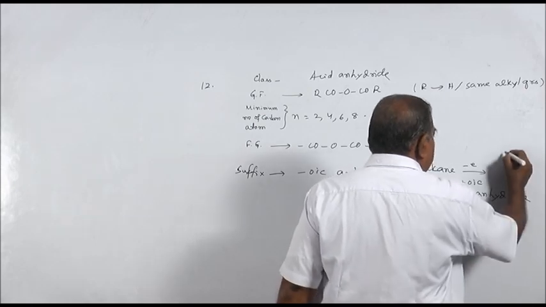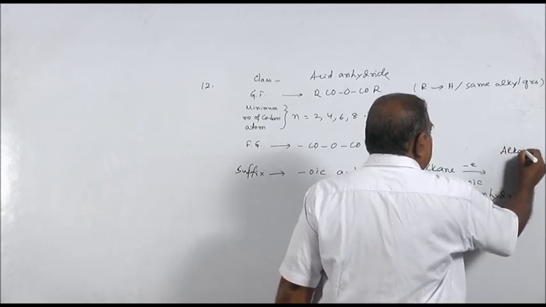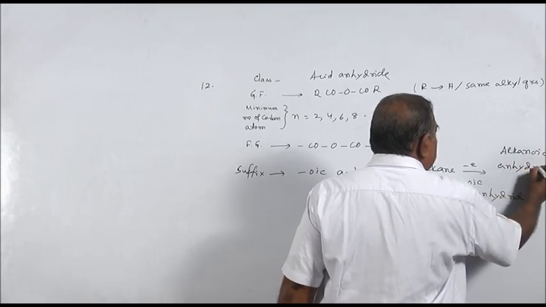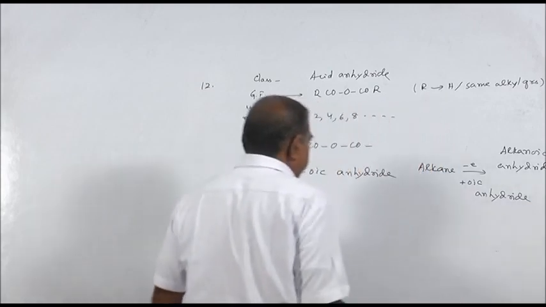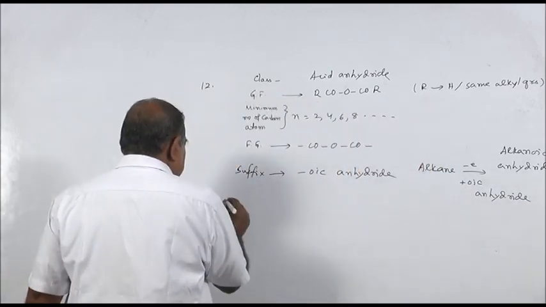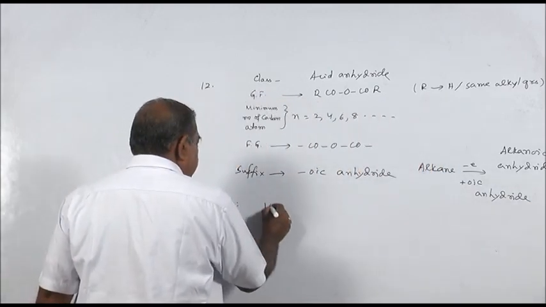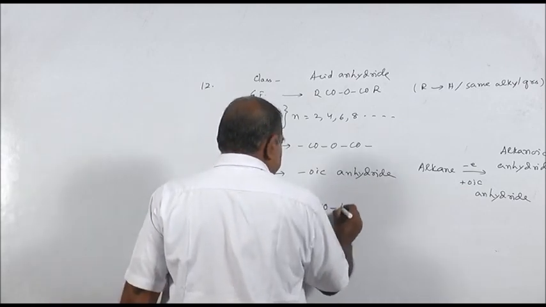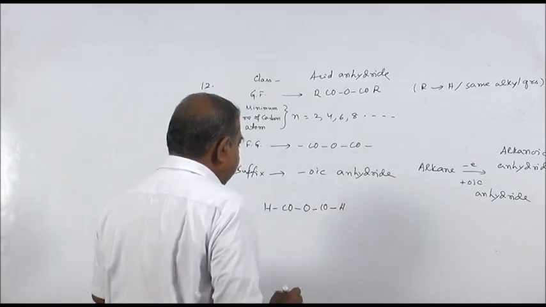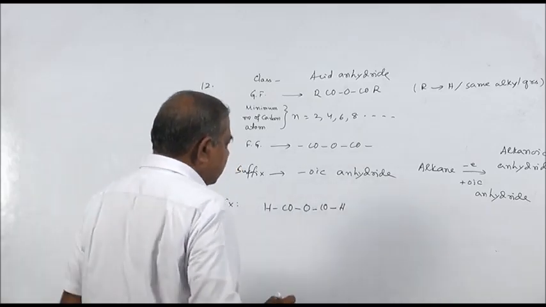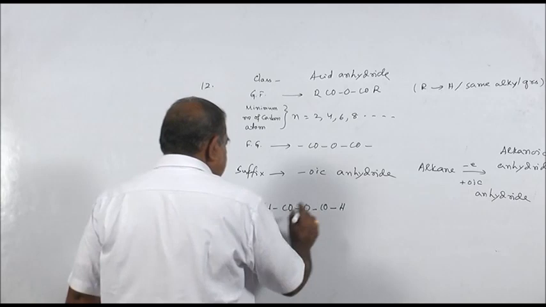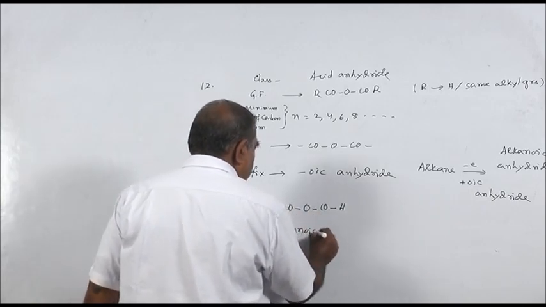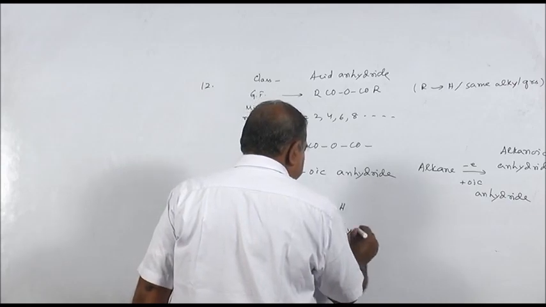Therefore the complete name will be alkanoic anhydride. An example I am giving you is HCOOCOH. Imagine a line through this oxygen atom; both sides are the same. So this is methanoic anhydride.